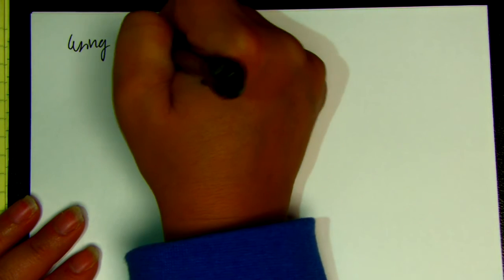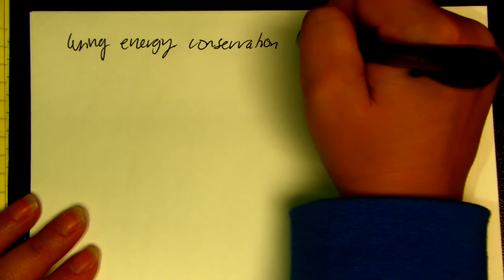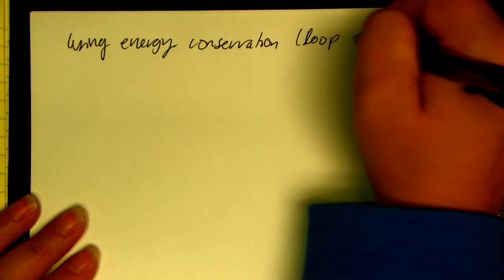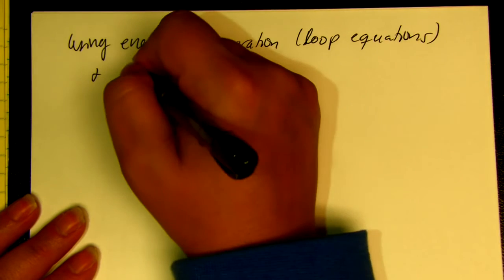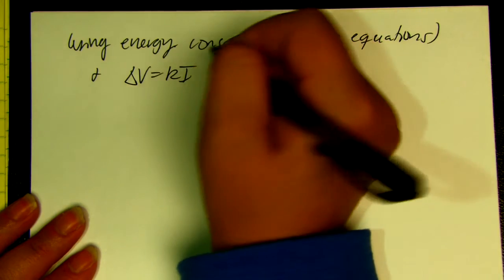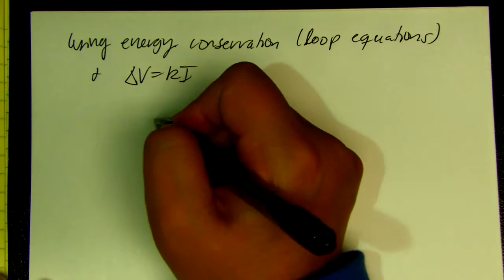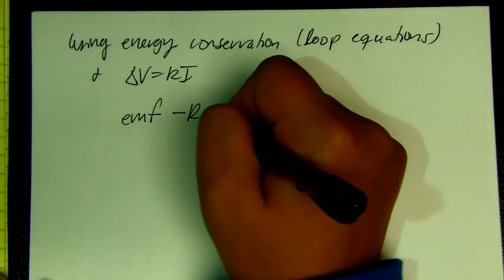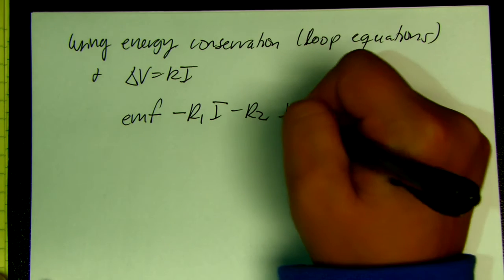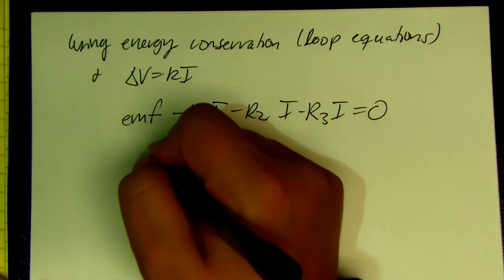So using energy conservation, or loop equations, and delta V is equal to RI. So EMF minus R1I minus R2I minus R3I is equal to 0.